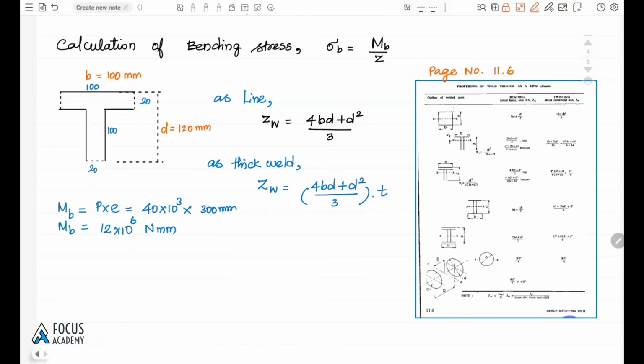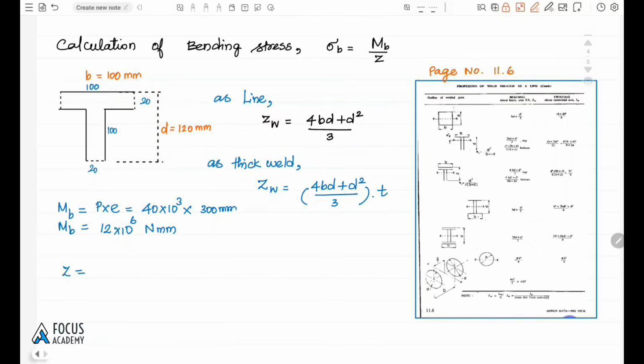Fine. So by calculating Z value from the data book, in the diagram itself they have mentioned that B is the width of T and D is the total height of T. So here 100 mm, that is B value, and D is 100 plus 20, 120 mm.